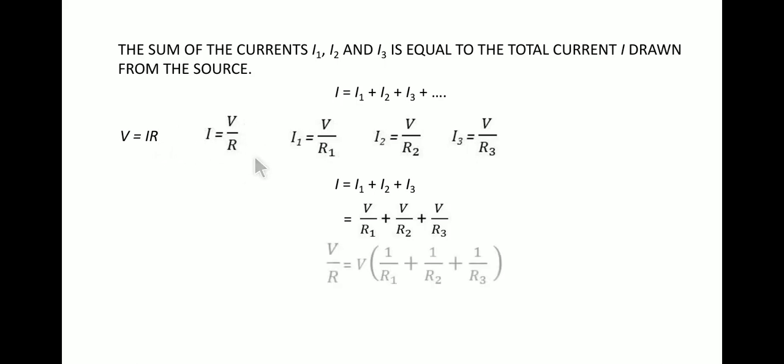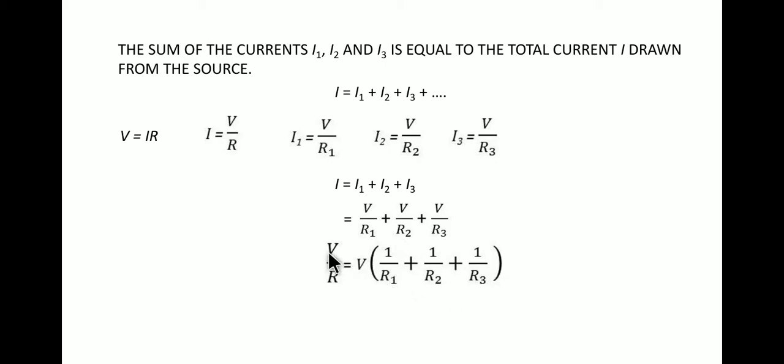So if we take the case of 3 resistors in parallel, then I is equal to I1 plus I2 plus I3, that is V by R1, because I1 is this, plus V by R2, this is I2, and V by R3, this is I3. If you replace I also by V by R, then we get V by R is equal to V common, so taking V common, we get 1 by R1 plus 1 by R2 plus 1 by R3.